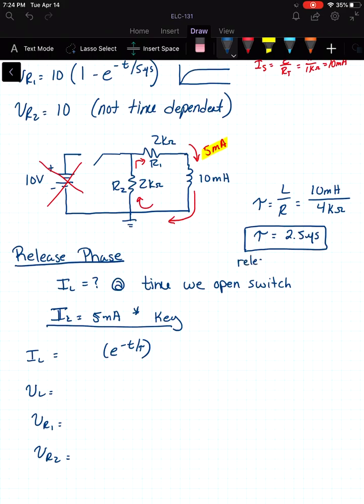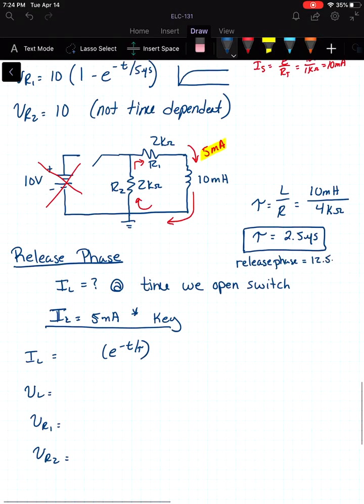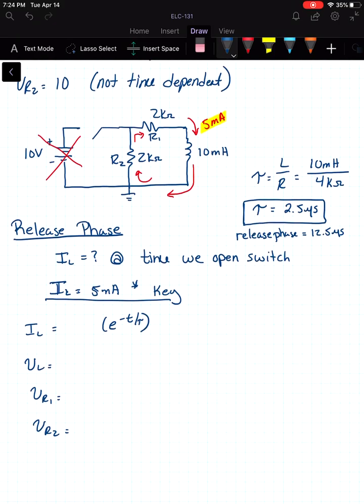So the release phase takes how long? It takes 5 times that. About 12.5 microseconds. So still very fast. Okay, so I can now put my time constant into my equation.